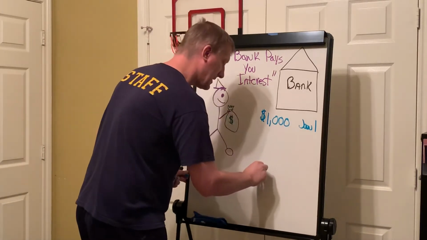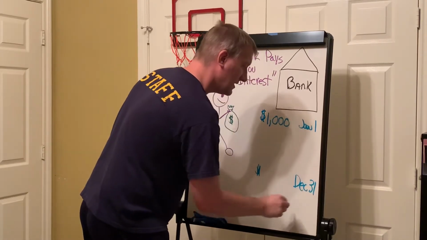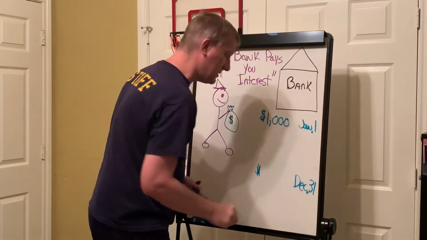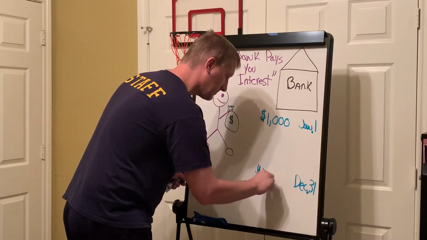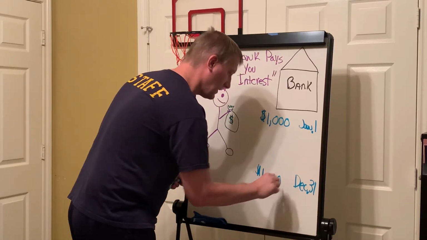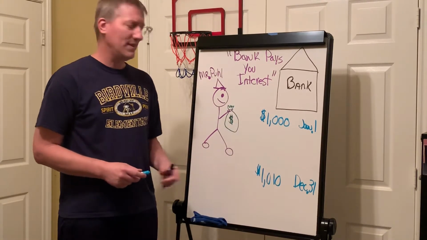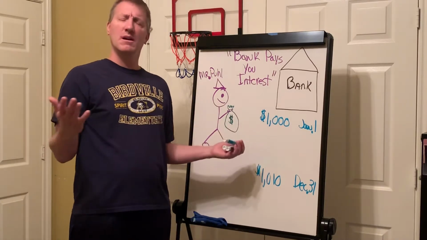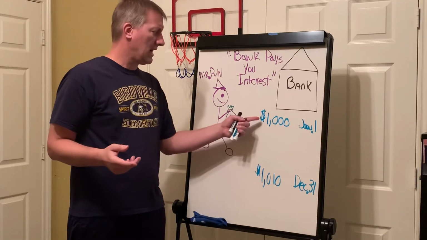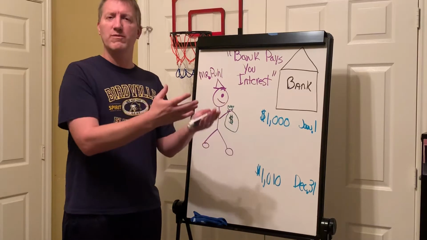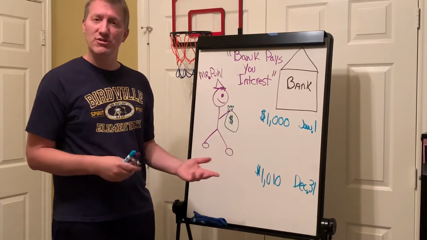I come back on December 31st to get that money out, and the bank says, here you go, Mr. Pool, you have $1,010. And I say, what? How did I get $1,010? I just gave you $1,000 to hold for me and keep safe. And they say, well, you earned interest.